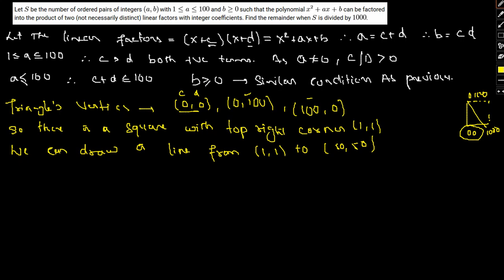For the pattern from (1, 1) to (50, 50), we have 2 plus 3 plus 4 plus dot dot dot till 51 solutions.